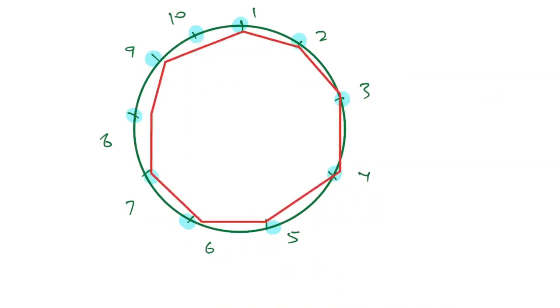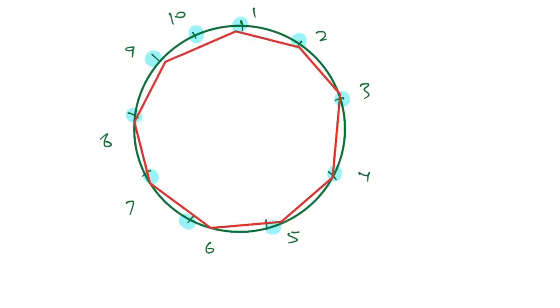Right? In this regular decagon, let's suppose this is a regular decagon. This one is there, right? So in this regular decagon, right, with the vertex, we have to form a triangle.